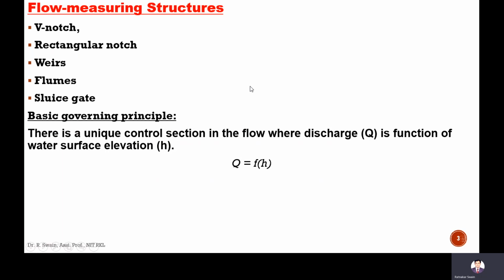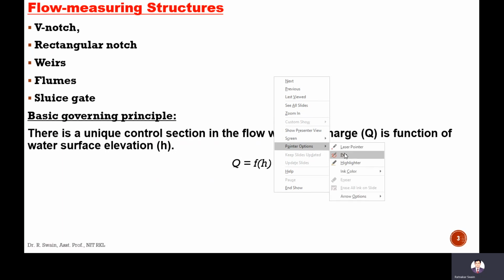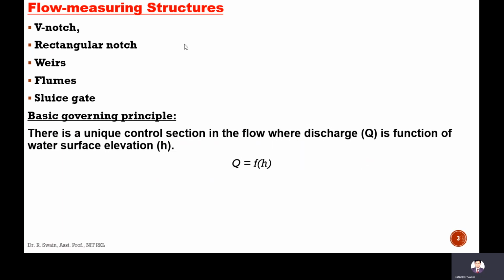V-notches, these flow measuring structures, different structures are there which can be used to measure the discharge. V-notches, all of you might have studied in fluid mechanics. In V-notches or rectangular notches, the discharge is made a function of only stage, only flow depth.